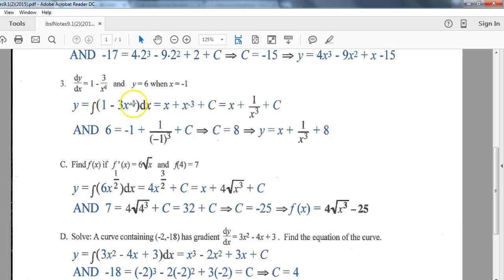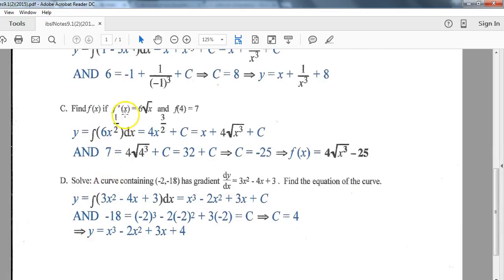If I add 1 to negative 4, I get negative 3 divided by negative 3. If we did all that, this is the way it would look. If we want to put the negative exponent on bottom, this is the more appropriate way to leave our answer. Now we can solve for c with the given information that you see here. If we plug those in, we get c is 8. And so we can now finish it off with that look.